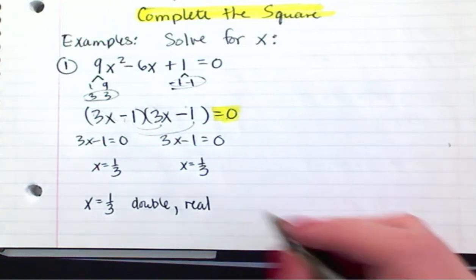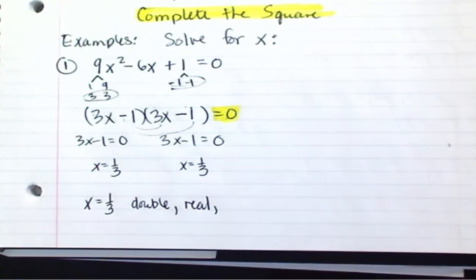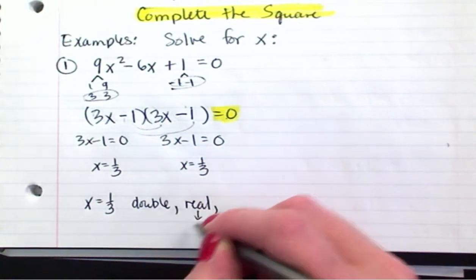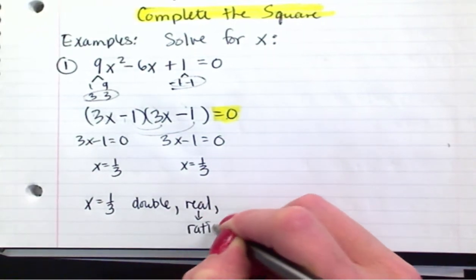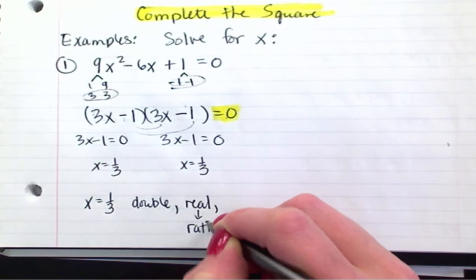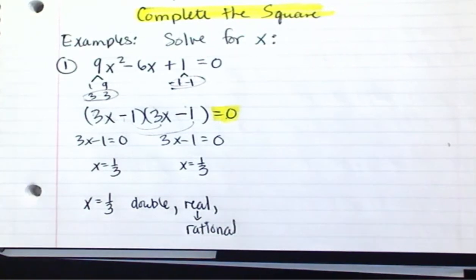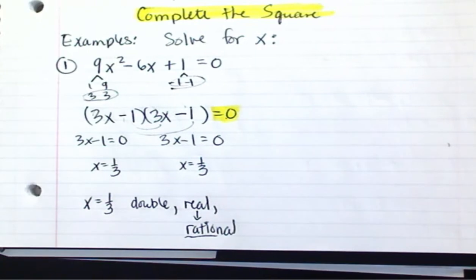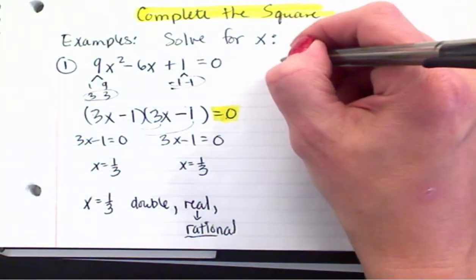It's on the number line. And I'm going to give it one more word. Rational. Because the answer is a ratio of integers. Okay, let's do another one.